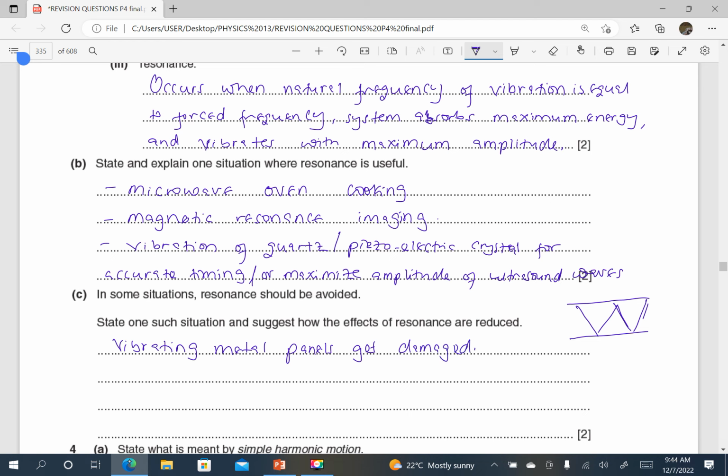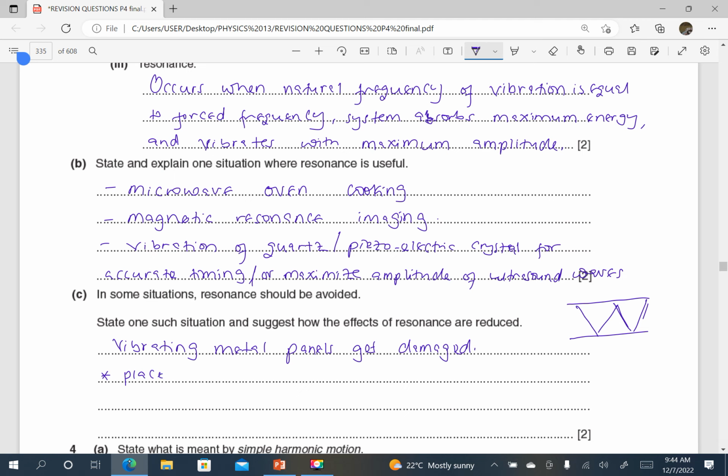So how do they say, state one such situation and suggest how the effect of resonance is reduced. So vibrating metal panels easily get damaged if resonance occurs, and this is reduced by placing strengthening struts across the panels.